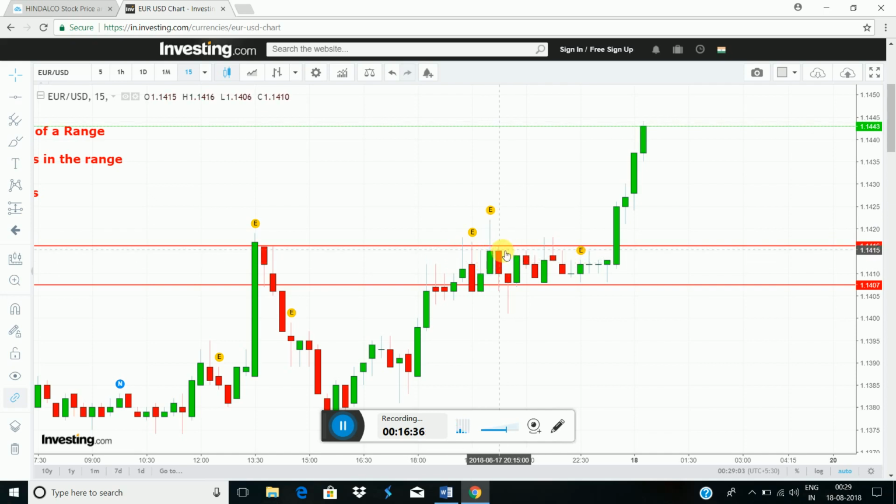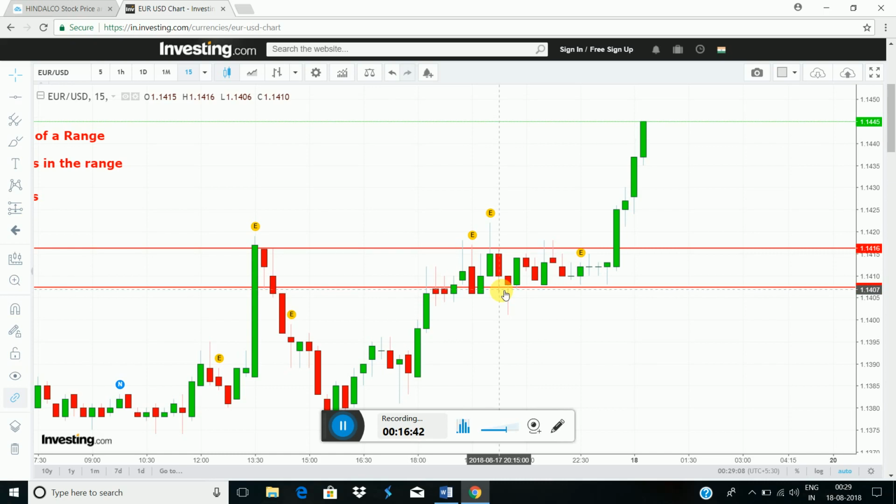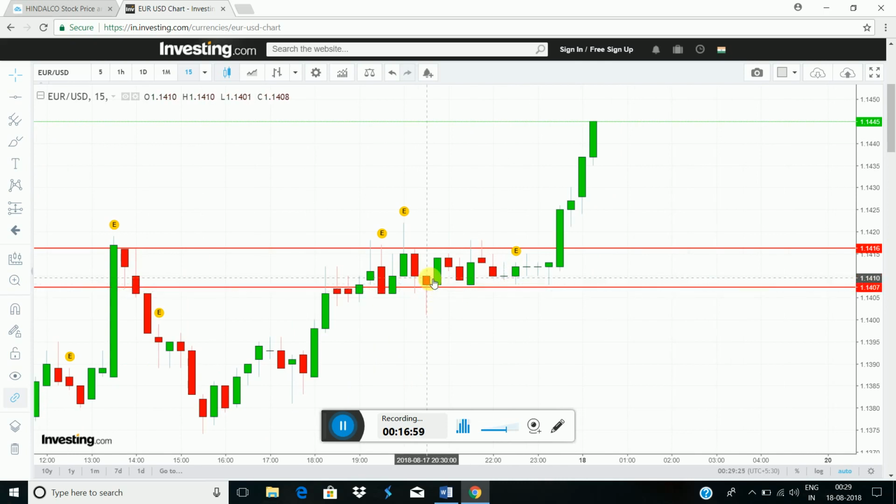This candle, though it is a bearish candle, is rejecting the lower price. A bearish candle rejecting the lower price is our first hint that somewhere the strength of buyers is a little bit more than sellers.